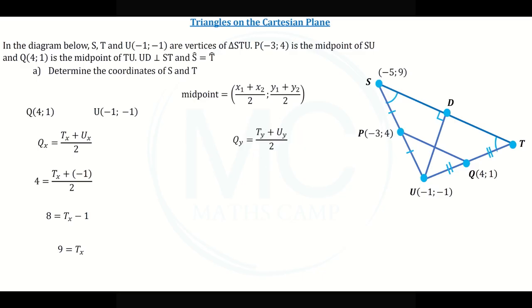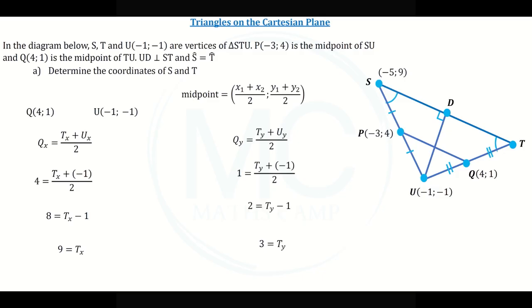The y-coordinate of point Q is 1, so we say 1 is equal to TY, the coordinate we're trying to find, plus the y-coordinate of U, -1, let's put this into a bracket, all over 2. Now we can multiply both sides by 2. We get 2 is equal to TY minus 1. Let's add 1 to both sides, and we get 3 is equal to TY.